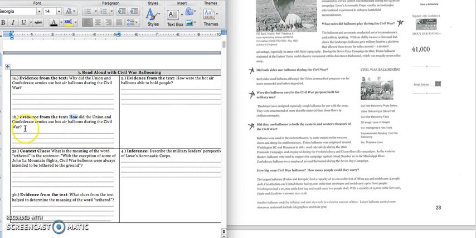Okay, so when we're thinking about how did the Union and Confederate armies use their hot air balloons, we know they used a more durable fabric, and they were employed during many battles in the Eastern and Western theaters.